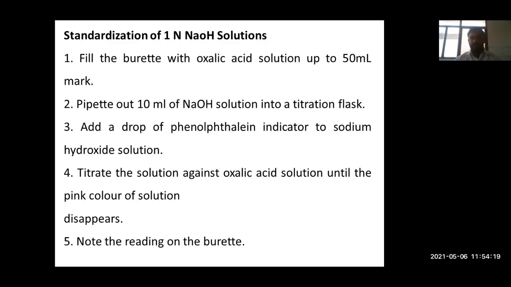So as we add it to the sodium hydroxide solution, it turns pink, and when you titrate it against oxalic acid, the pink color will disappear. You have to take 3 concurrent readings from the burette with an error of plus or minus 0.1 ml.